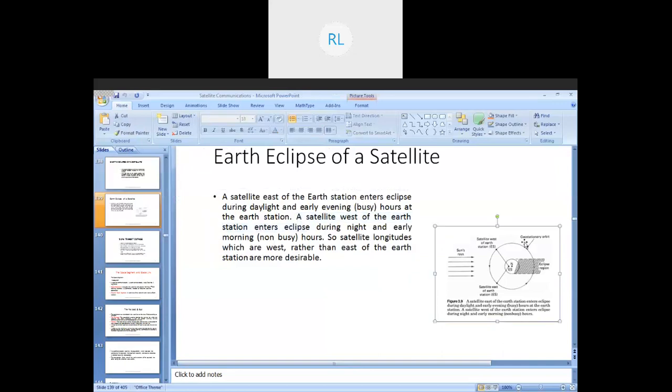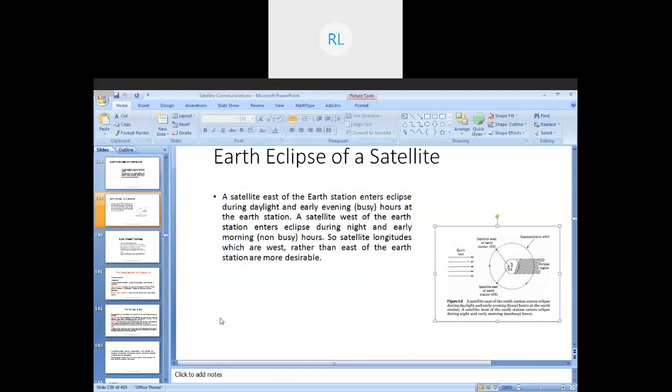A satellite west of the Earth station enters eclipse during the night because it's in the opposite direction, right? So this part would have come here. So satellite longitudes which are west rather than east of the Earth station are more desirable.